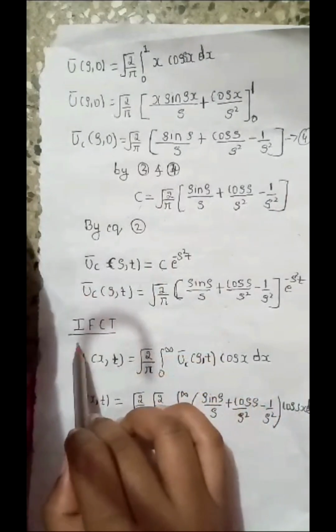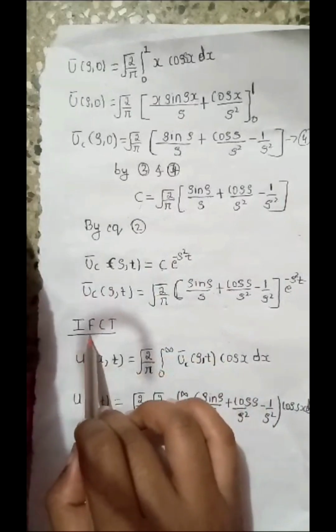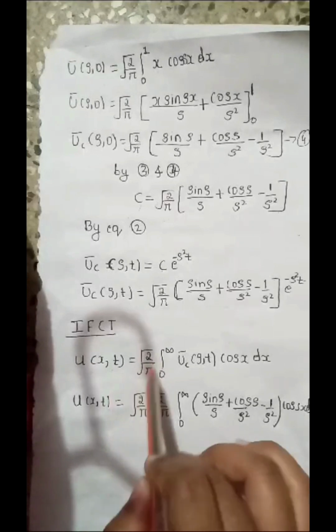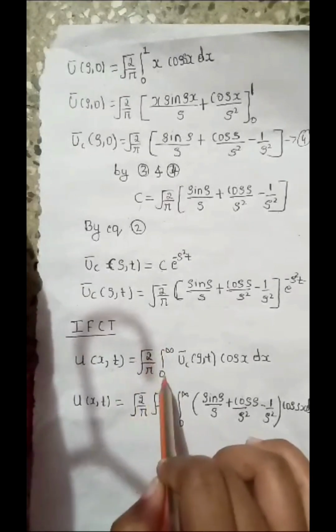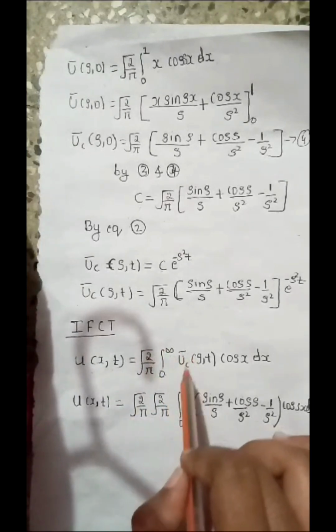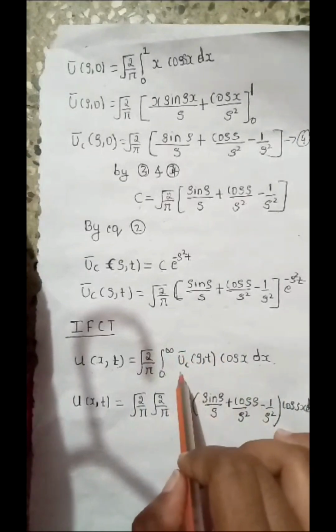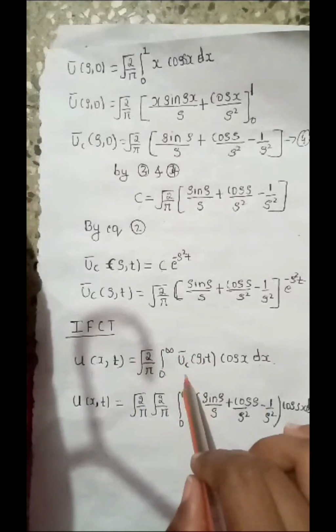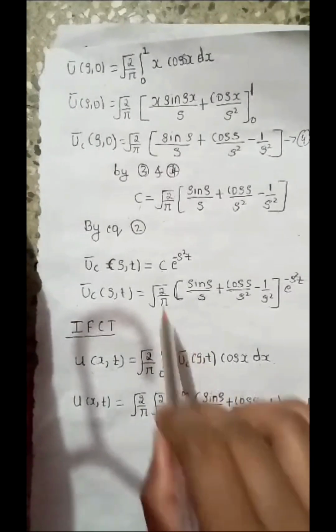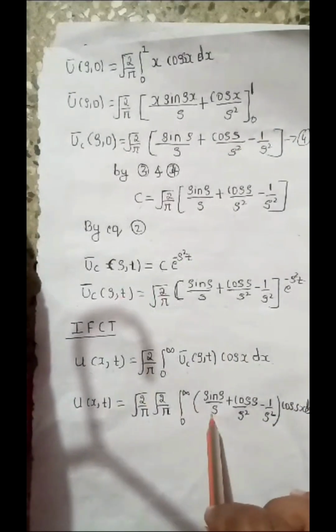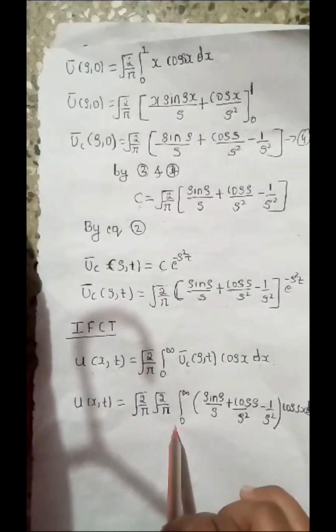Then we have to take the inverse Fourier cosine transform. So u(x, t) equals square root of 2 by pi, integral from 0 to infinity of ū_c(s, t) cos sx ds. We already know the formula for ū_c(s, t), so we substitute it here, and this is the end of this problem.